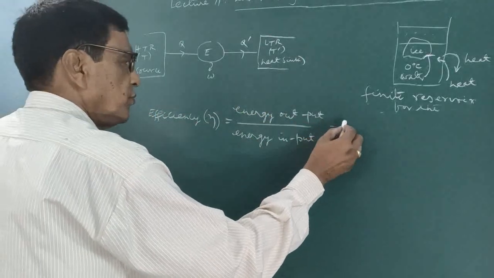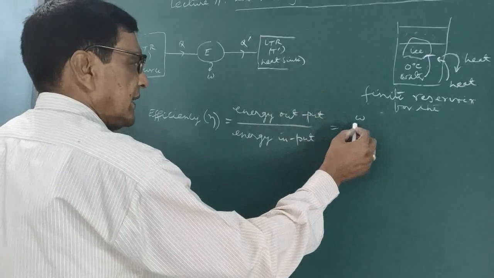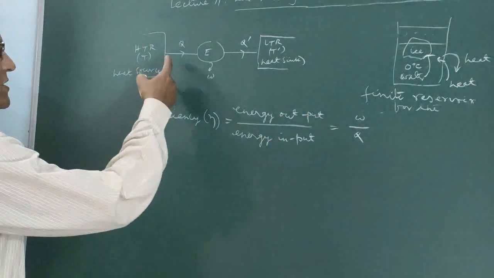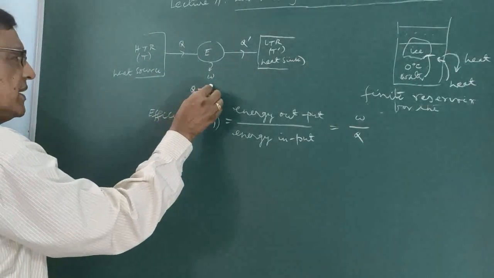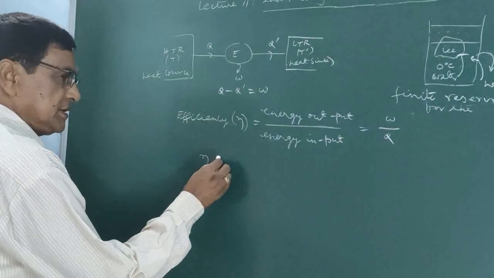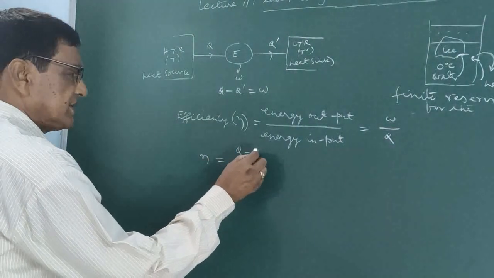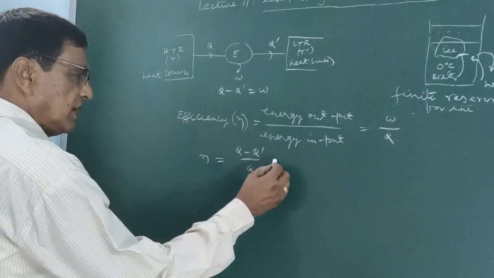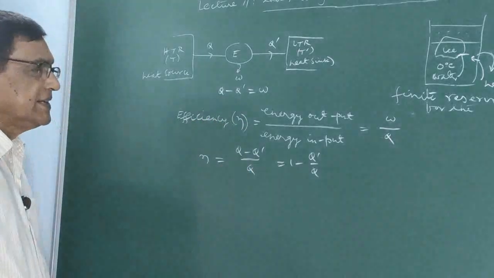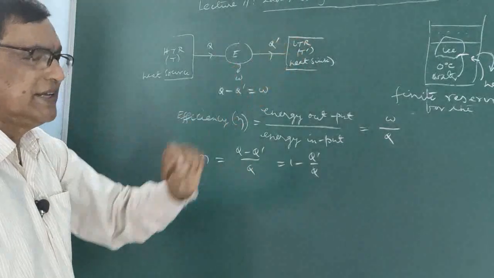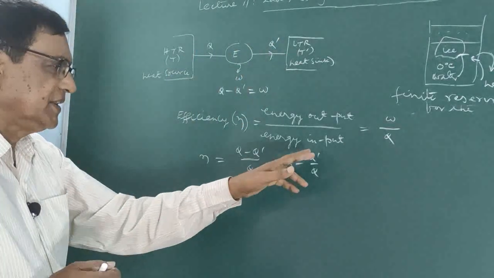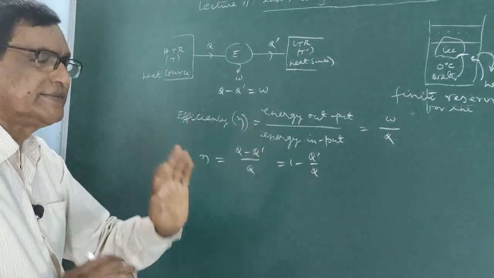And energy output is W and energy input is Q. But the energy balance shows that Q minus Q dash equal to W. So this efficiency will be equal to Q minus Q dash divided by Q, and this one equal to 1 minus Q dash by Q. As there is always an LTR, and LTR will take up some amount of heat, then this one is a positive fraction.